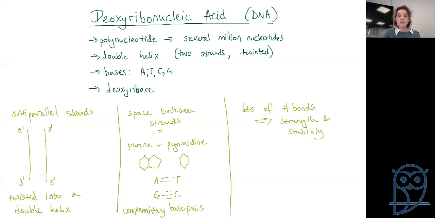So we have a very specific structure caused by our base pairs, which is strong and stable because of our hydrogen bonds. Also remember, we've got that phosphodiester backbone on either side. So you should be getting the impression here that DNA is a really strong and stable molecule.